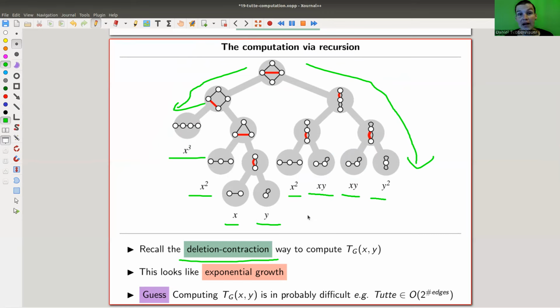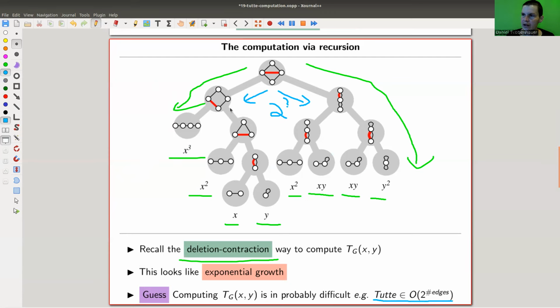So that's certainly an algorithmic way to compute the polynomial, but this looks quite difficult, because imagine you have a big graph. In every step you need to go two directions, 1, 2, so there should be something like 2 to the something.